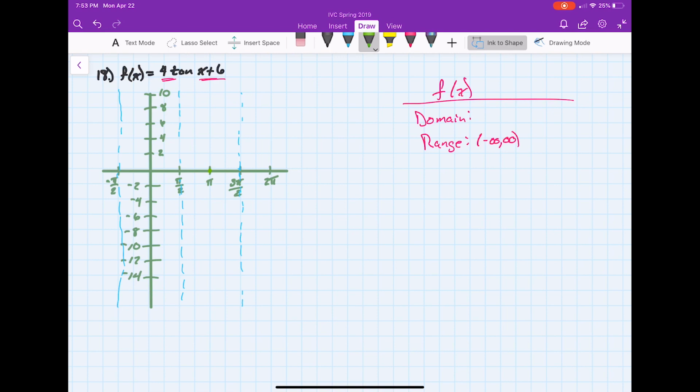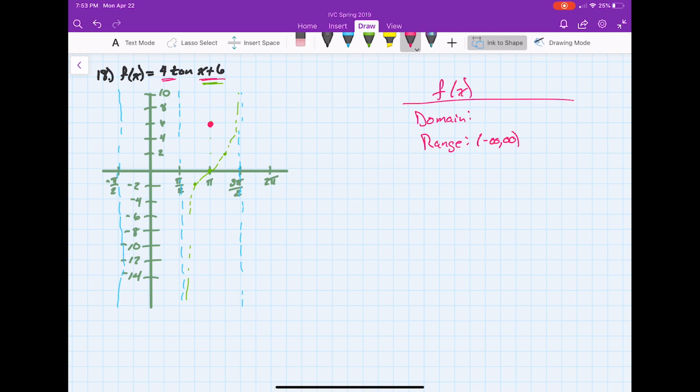And instead of doing it at the origin, I'm going to do it in this cycle here between pi over 2 and 3 pi over 2. So this would be what tangent would normally look like, but it would be repeated in between each of these asymptotes. But because we have x plus 6, we're going to move up 6 and put our first point here.